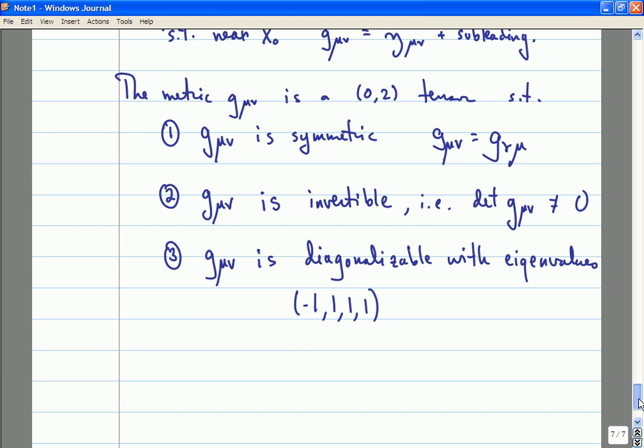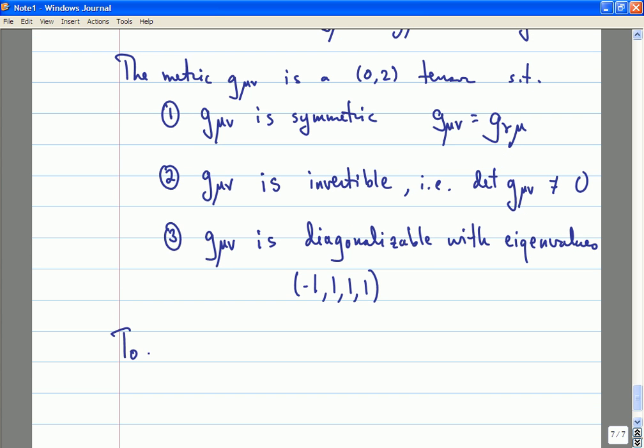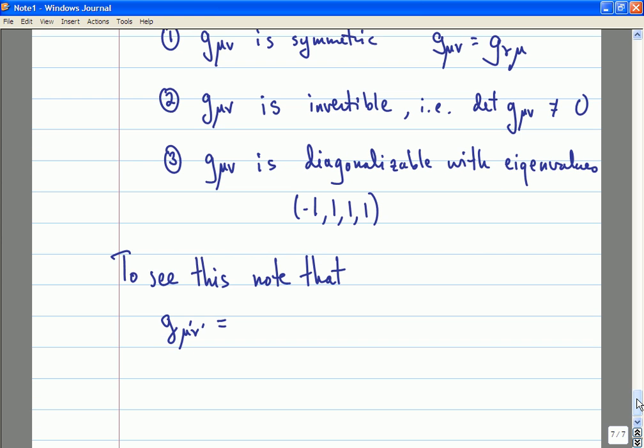So to see this, let's investigate more carefully the statement that g mu nu can be written as eta mu nu plus subleading terms near a given point. Well, what does this mean? This means that in any other coordinate system, say some primed coordinate system, the components of the metric will be given by dx mu by dx mu prime times dx nu by dx nu prime, eta mu nu plus terms which are subleading.